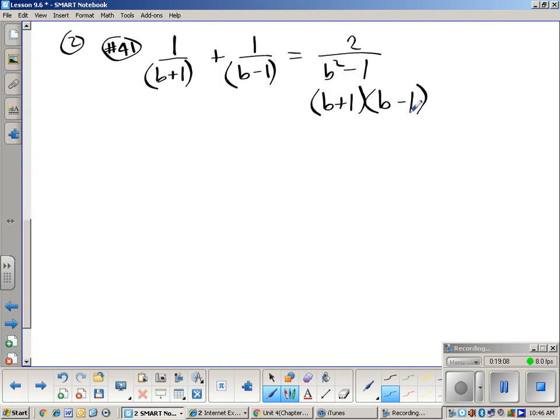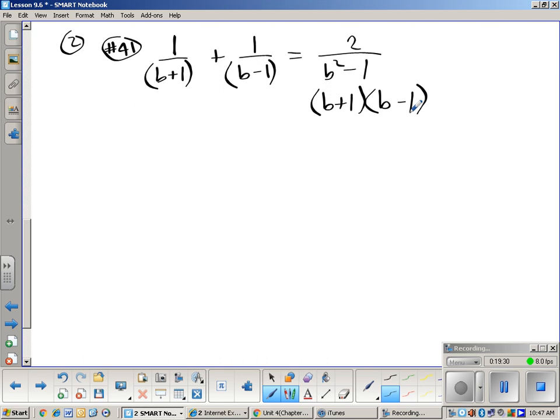Very good. All right, so what's my common denominator going to be? 1? Negative 1? No, the common denominator has to have all the factors in it that are needed. You can't just take one. It's b plus 1 and b minus 1.